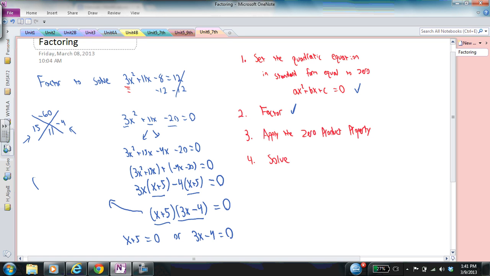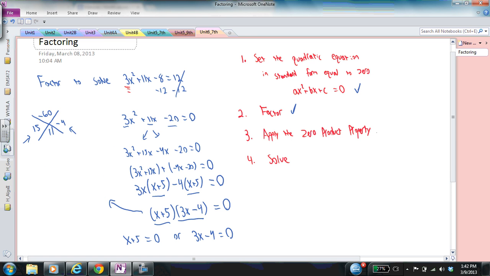So if I multiply that out real quick, x plus 5 times 3x minus 4, x times 3x is 3x squared, x times negative 4 is negative 4x, 5 times 3x is plus 15x, 5 times negative 4 is negative 20, so that's 3x squared plus 11x minus 20, which is what we wanted to get back to. So we know we factored right. So that was just a check.